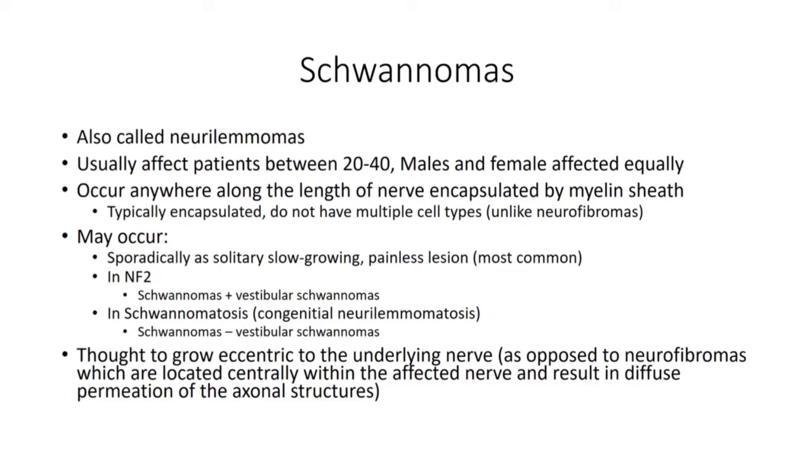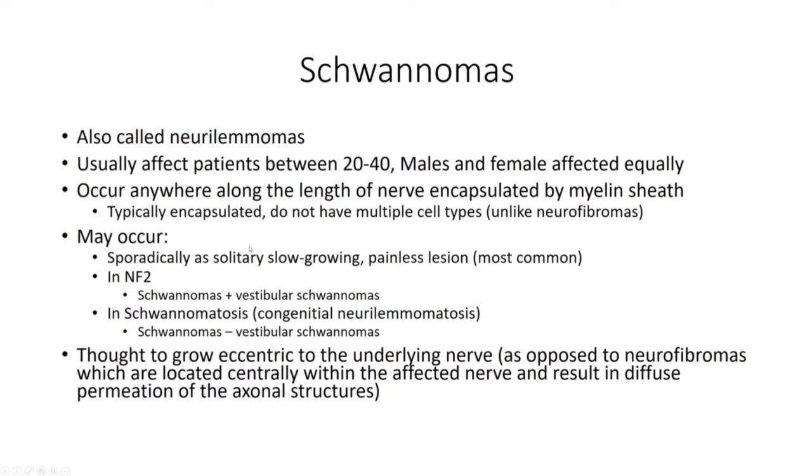Now, they can be sporadic, which is most often what we see in clinic, or they can be associated with different neurocutaneous syndromes like NF2, where you would see a vestibular schwannoma, plus you can see schwannomas in other places in the body.